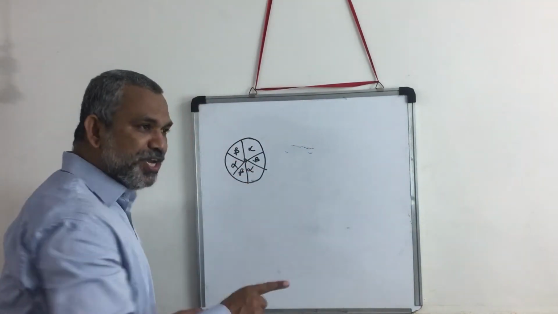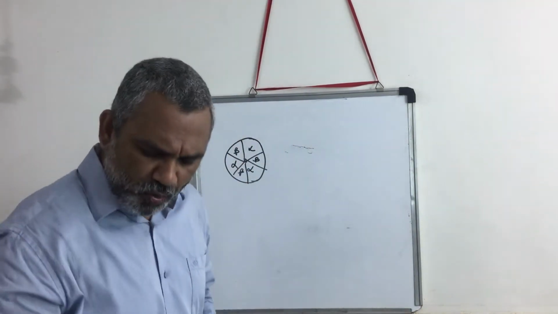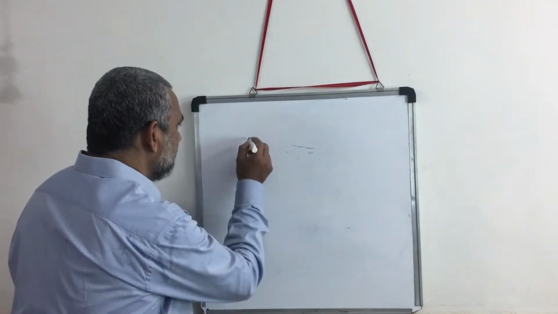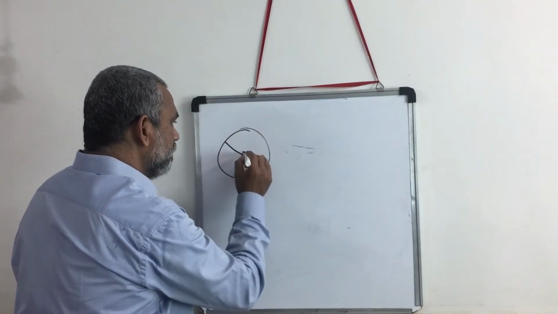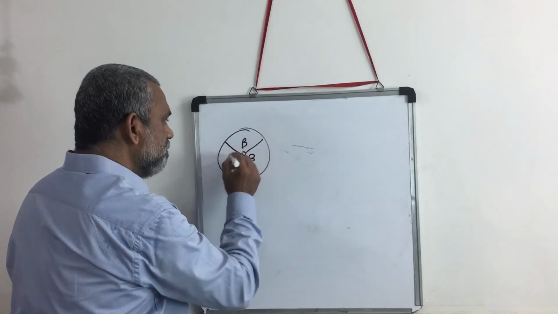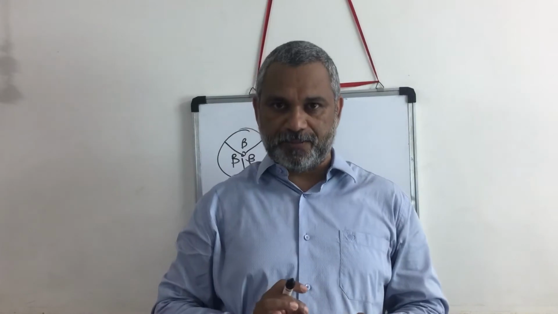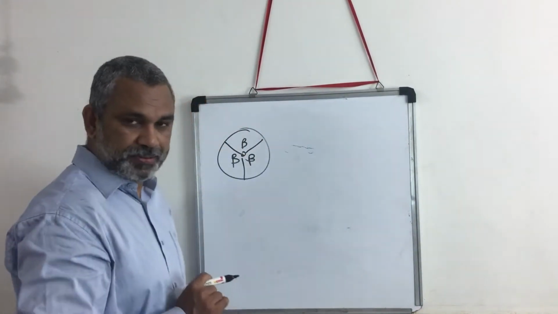So therefore, in the next figure, we will avoid the alpha subunit. We will draw only the beta subunits. So therefore, the beta subunits are like this. Remember, the alpha is there, but we are not drawing the structure of alpha, because we are interested in knowing the catalytic reaction.